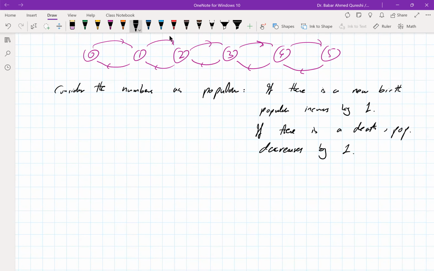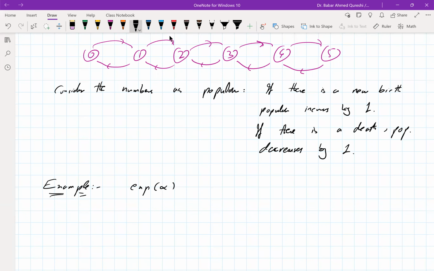So for example, if I consider a population of cells, and each cell lives for a certain time described by an exponential distribution with parameter alpha, so alpha is the parameter for its lifetime. And then either it splits into 2 new cells with probability P or dies without splitting.